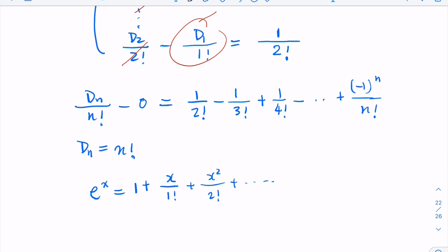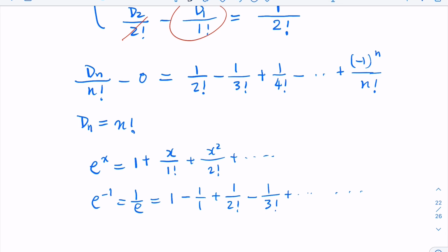So if you plug in x equal negative 1, you know this is 1 over e, that's going to be 1 minus 1 over 1, plus 1 over 2 factorial, minus 1 over 3 factorial, and so on and so forth, right? And this goes forever, so this cancels, and the term here is exactly the same as here.